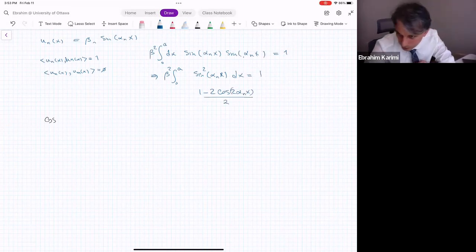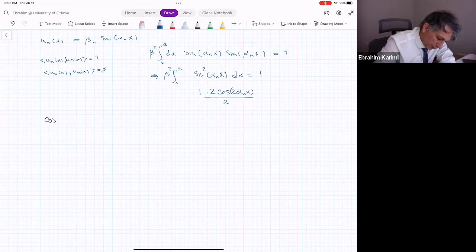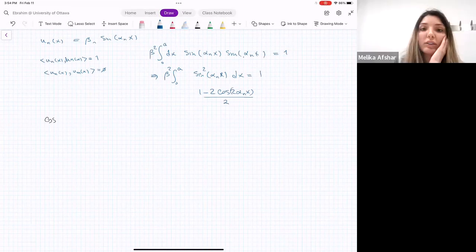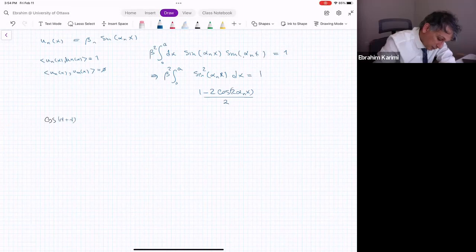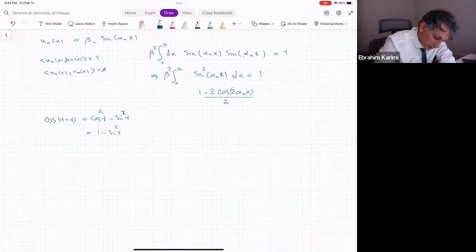Cosine of gamma plus gamma is cosine of gamma power of 2 minus sine of gamma power of 2, which is 1 minus 2 sine square of gamma.